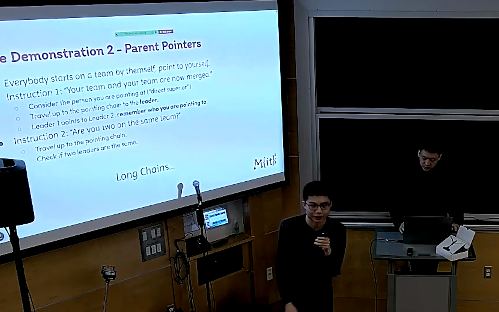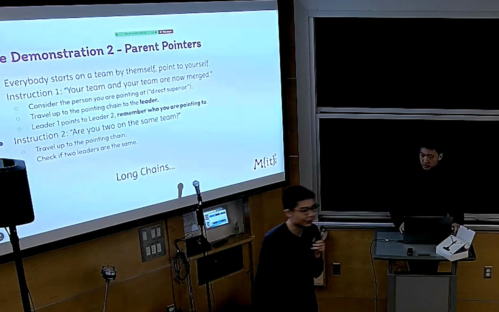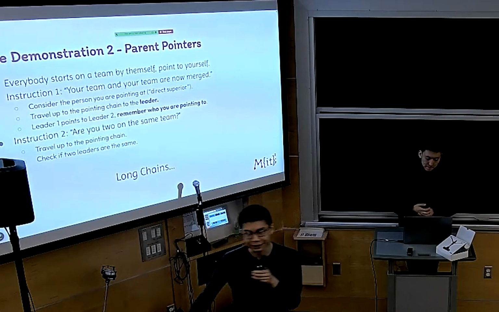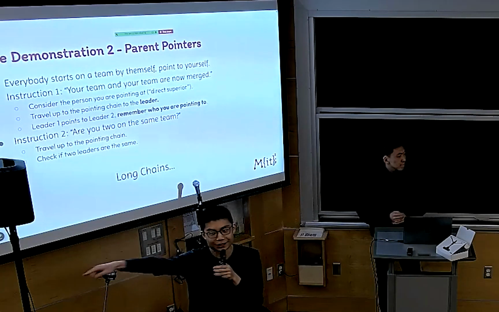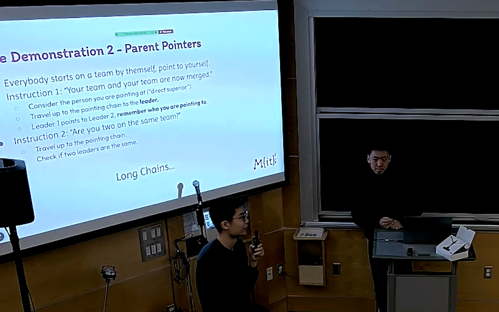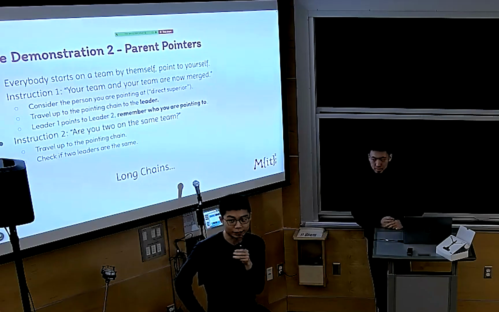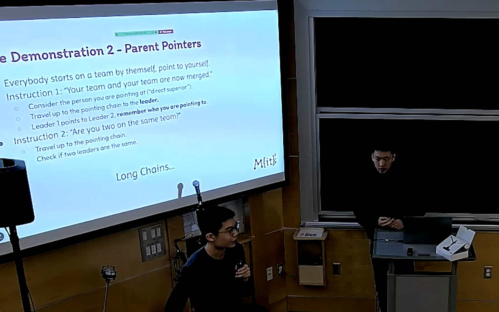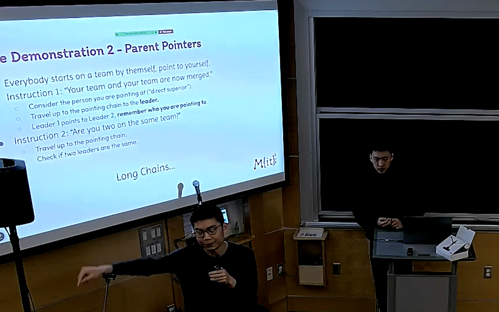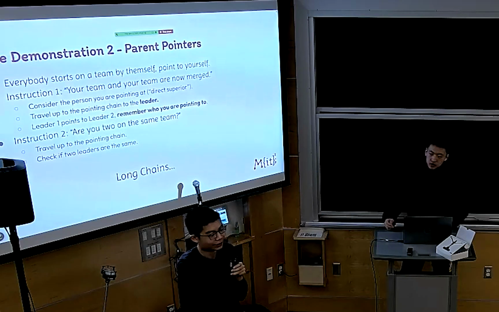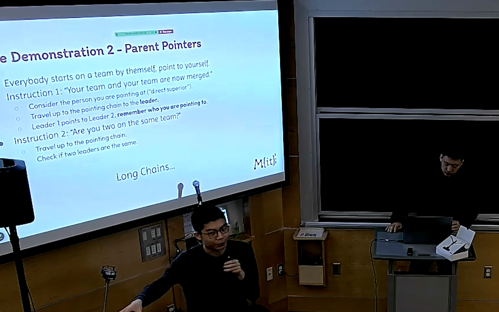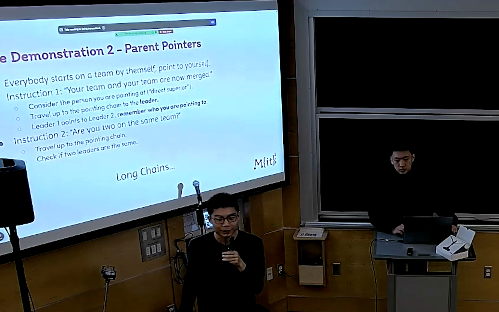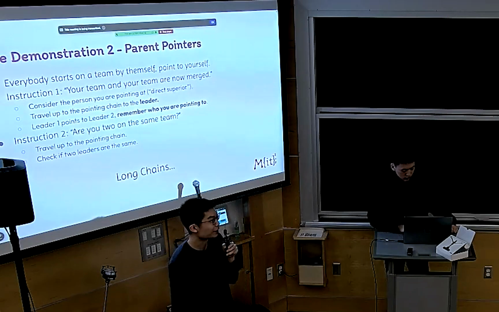You can imagine, I won't make you go through it, but let's say we merge all of you together, and we had this super long chain going all the way around. Then to check if two leaders are the same, we'd have to go through that entire chain of people and get to the leader, and then do the same thing for another person, and then check if those 2 leaders are the same. You can imagine that would take a really long time.